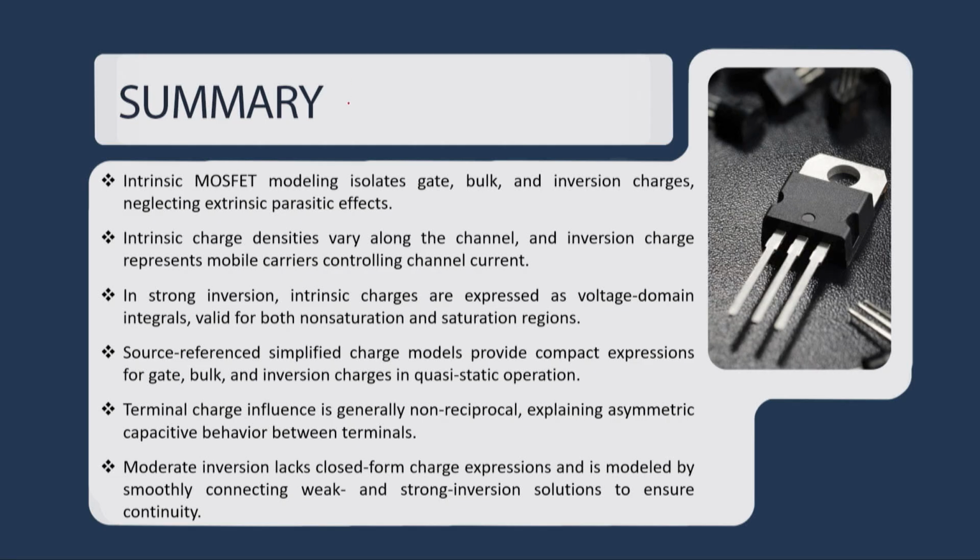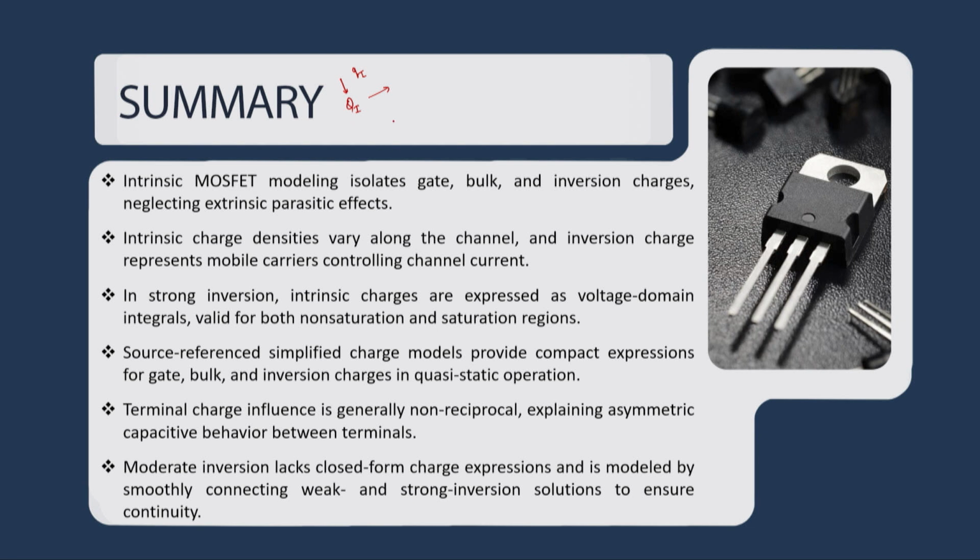So, let me summarize this lecture. In this lecture, we have discussed the modeling of charge in terms of terminal voltages. We have just taken a DC analysis, which simply resembles the quasi-static analysis as QI.